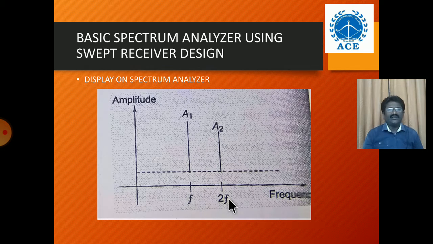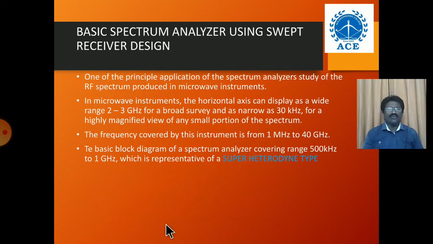So F and 2F are the frequencies. This one has amplitude A1 and the other one has A2. Now on the screen of the spectrum analyzer, you can observe our waveform and amplitudes are like this. So this is the output of the spectrum analyzer.